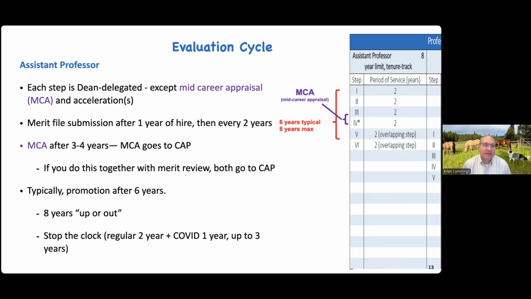And so that's going to be going through all levels, including on to CAP. CAP's going to give that individual feedback on their readiness to be promoted to an associate professor or not.